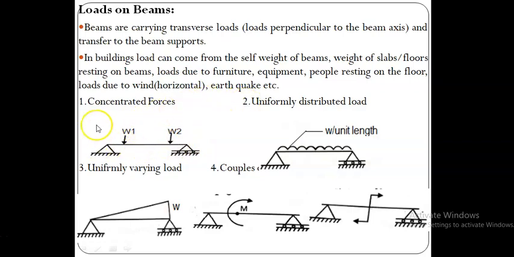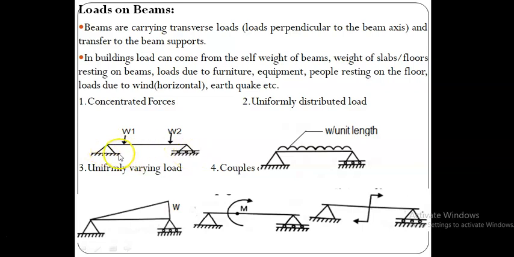Let us see some types of forces acting on beams. Let us take first concentrated forces. A concentrated force means a force which is acting on a single point, concentrated at a single point on the length of the beam. You see that here W1 is acting at some point, and W2 is acting at some point. It can be referred from either the left support or the right support.